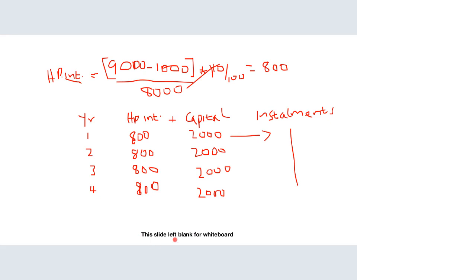Now, the second method is by, first of all, getting the total hire purchase interest.